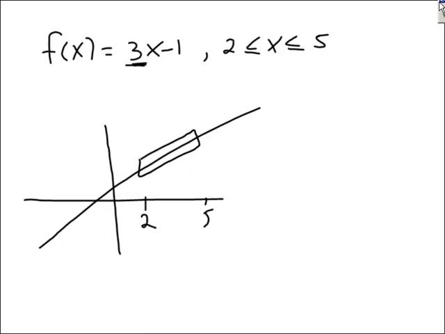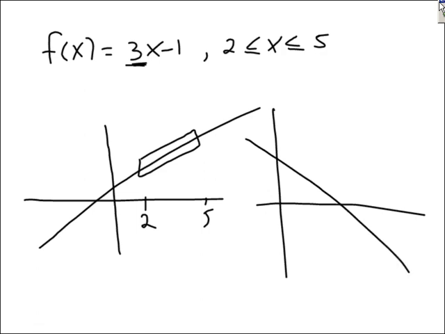Now, either the line went like that, or maybe a positive slope. Let me draw it over here. Or maybe a positive slope goes this way, which is not true, but let's say for argument's sake, 2 to 5. That is, you're only to keep this portion of the graph. But you know what? The y values are all in between here.